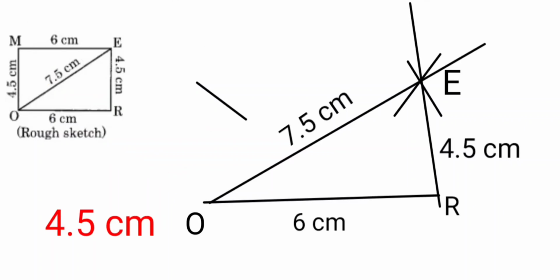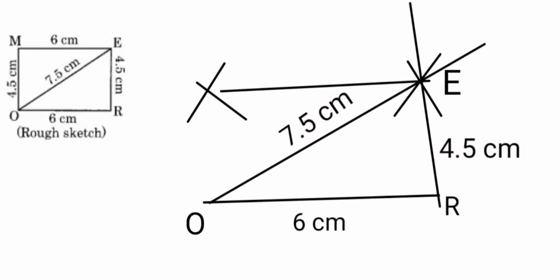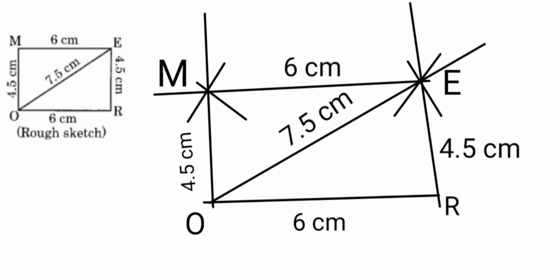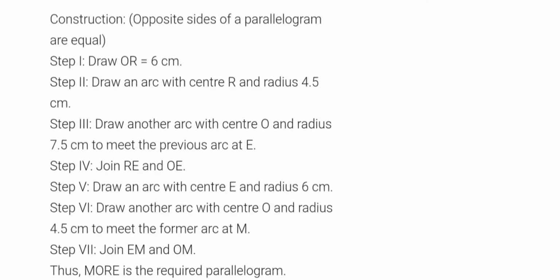Take O as center, make an arc of 4.5 cm, and take E as center, make an arc of 6 cm. Then we get the point M, join all the lines and label all the sides. Hence we get a parallelogram, hence MORE is a required parallelogram. Here are the steps to construct the parallelogram MORE.